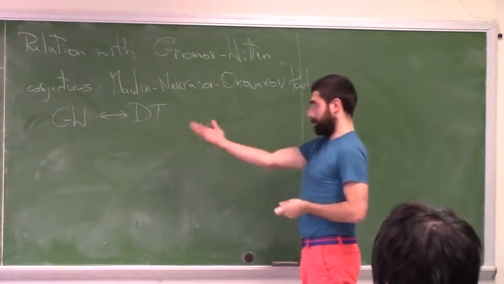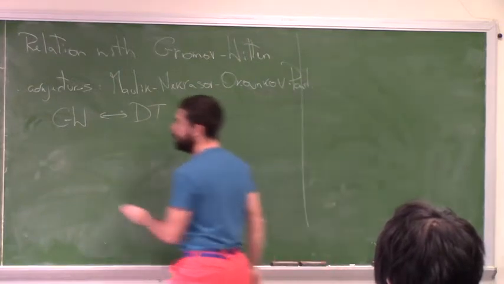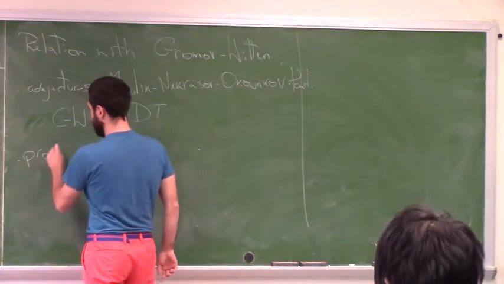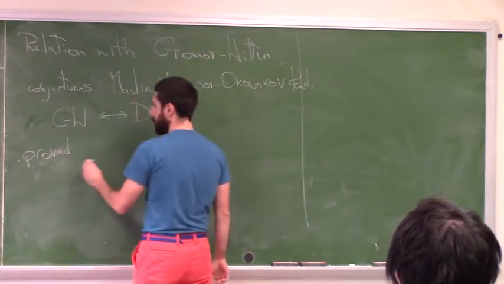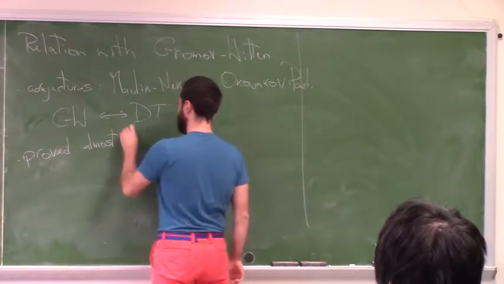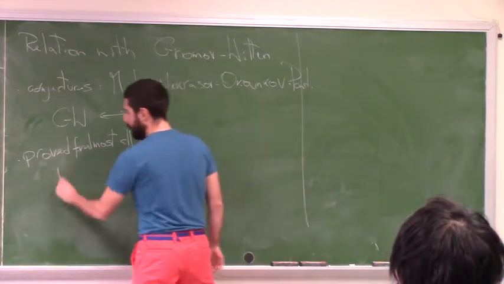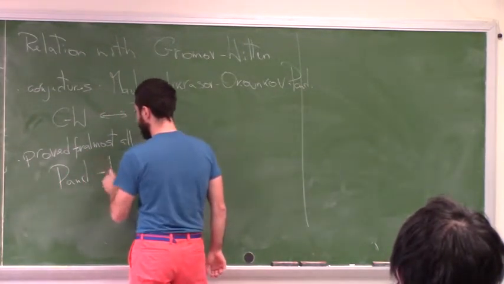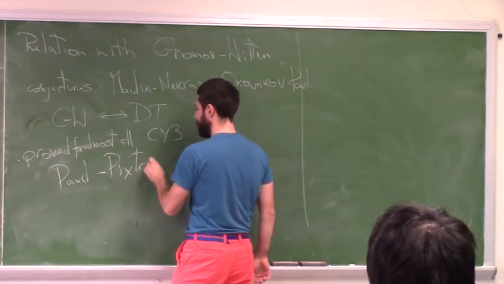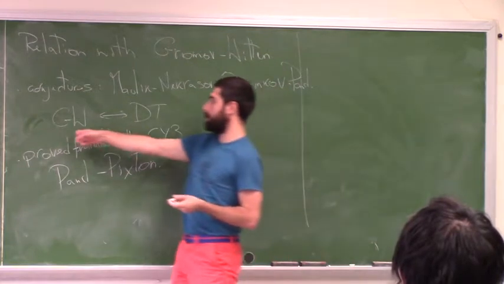So there's an explicit formula to go from this theory to the other and back. And this has been proved basically for almost all Calabi-Yau threefolds by Pandharipande and Pixton. And it's kind of surprising that there's a relationship between these two theories.